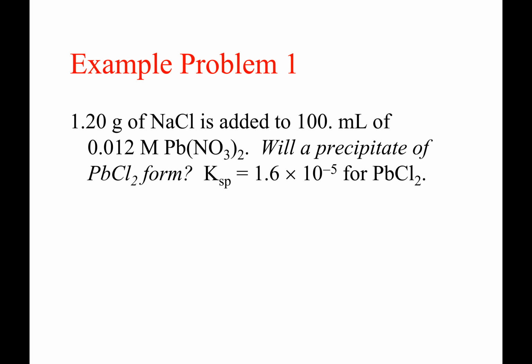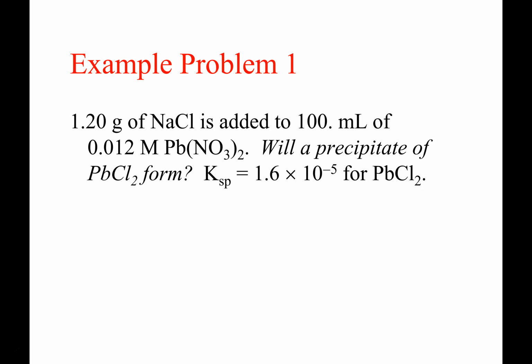Now, I know it seems like a busy sort of thing, but even before I go to work the problem, I'm hoping you can take this and recognize how I think of it: Pb(NO3)2. It's going to separate and give Pb2+ and NO3 minus.